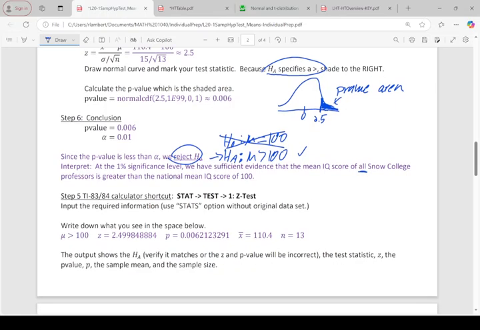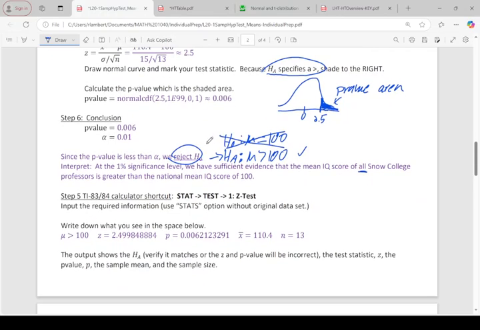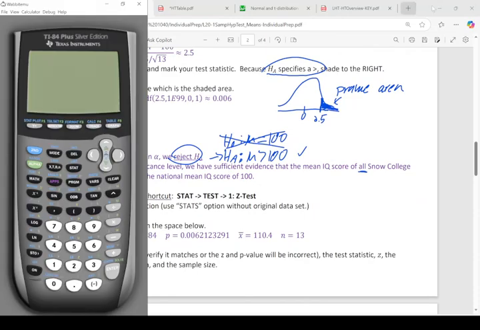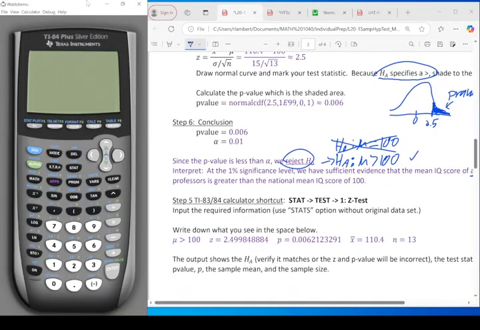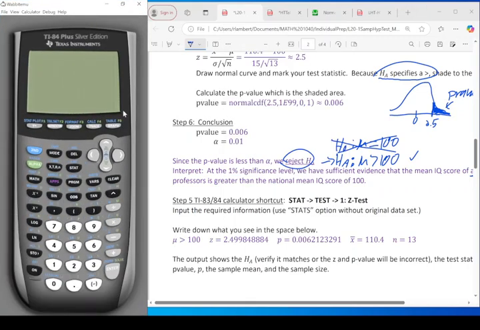All right, this is probably the moment that is most important. Well, I think the conclusion is most important, but as far as calculations go, I like what we do in step 5 here, doing the z-score and p-value manually, but I know most of you don't, so luckily there is a calculator shortcut for this.